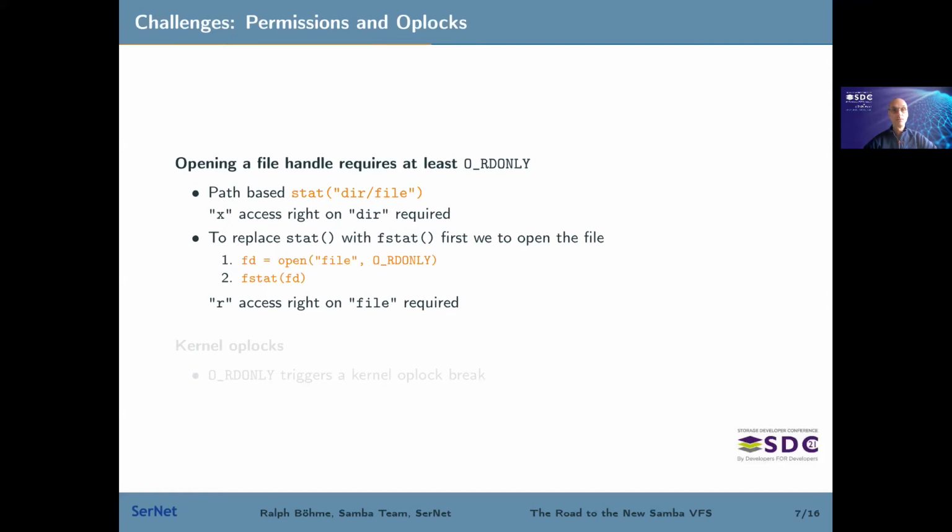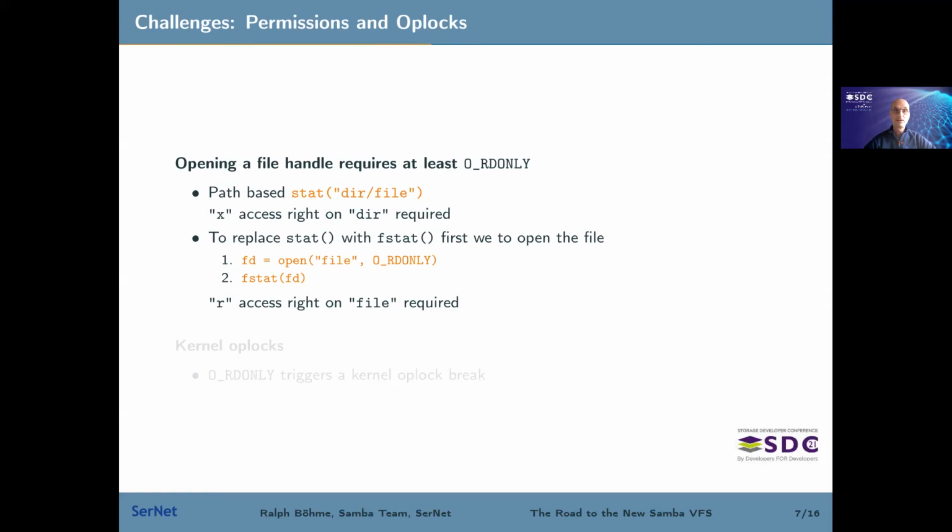For example, the POSIX API for opening a file requires at least a read-only flag. So if you do a path-based stat on dir/file, you need X access right on dir.